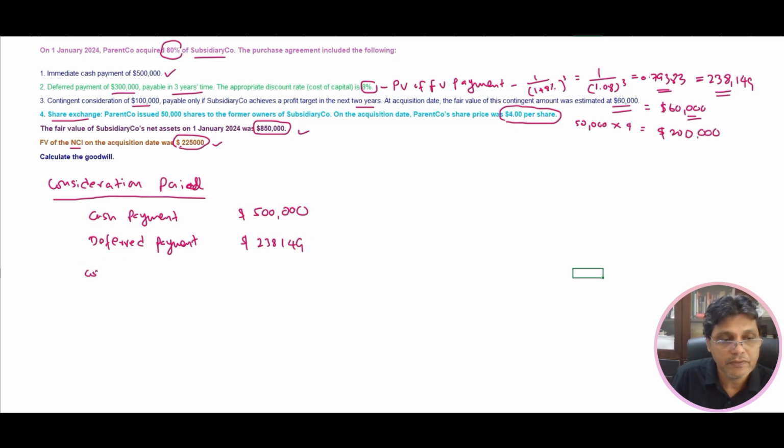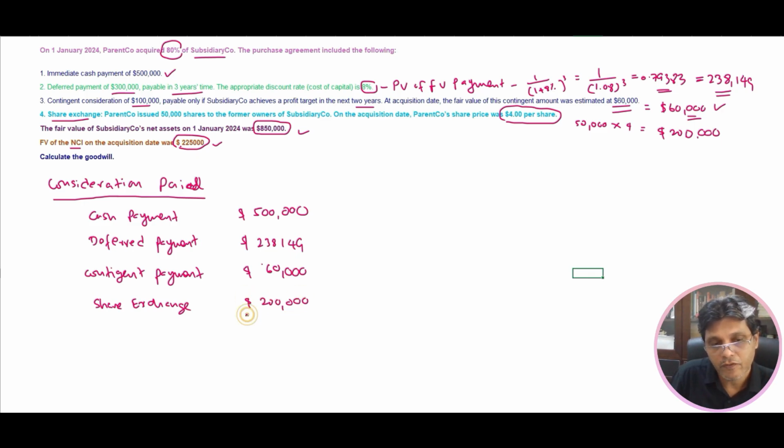Then the contingent payment of 60,000. Okay, that is 60,000 given. Then the share exchange of 200,000. Okay, now when you add these up, the total comes to 998,149.